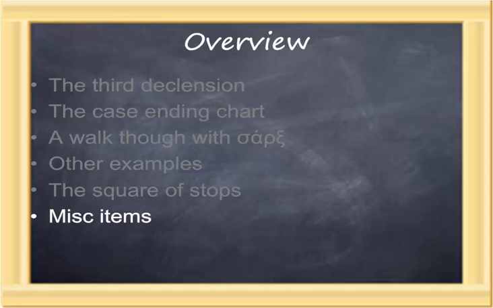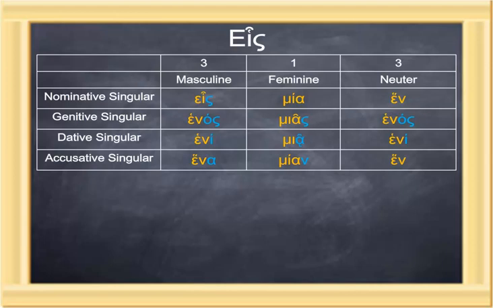And now for a few miscellaneous items to end the lesson. The adjective one, as in one book, one day, one work, the adjective one is heis, mia, hen. It is an adjective that is in the 3-1-3 pattern.